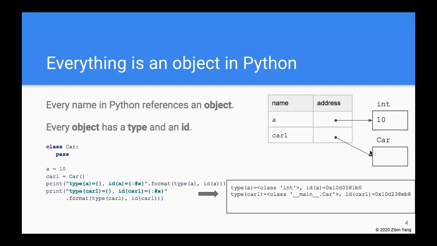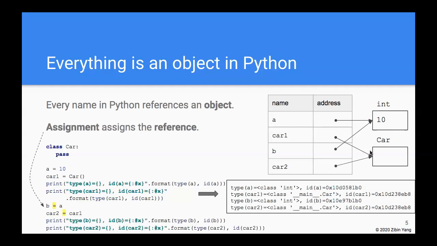Now, we've also been saying that if we do an assignment, it's really just creating another name, and the new variable, like b in this case, or car2, is just another reference to the same object that the right-hand side of the assignment operator was referencing, right? So if we print out the ID of, say, a and b, they are exactly the same ID, and the same applies to car2 and car1.